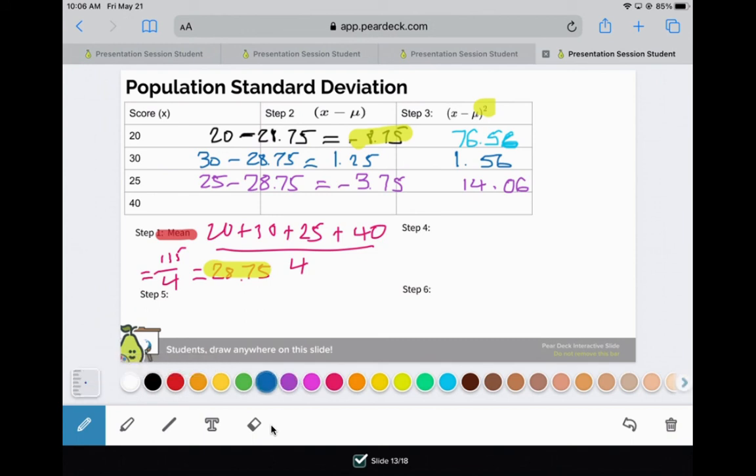Almost done, right? Now we have 40 minus 28.75, so I have 11.25, square it, 126.56. So that's step 3.